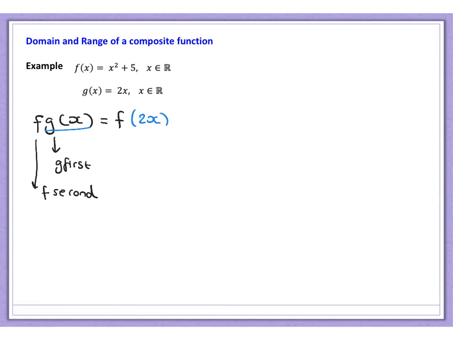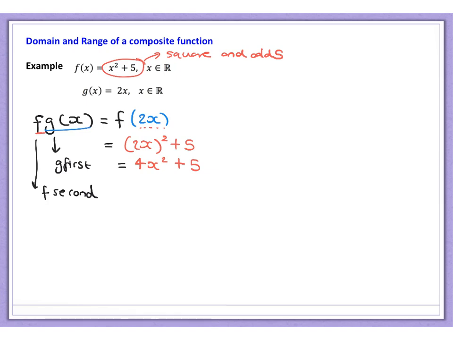The function f, if we think about it in words, tells us to square and then add 5. So we take our input, which is 2x, we square it and we add 5, which gives us 2x all squared plus 5, which gives us a final outcome of 4x squared plus 5.